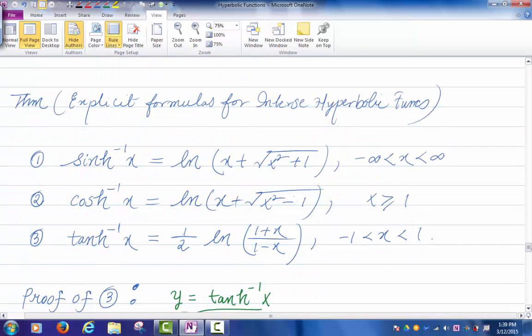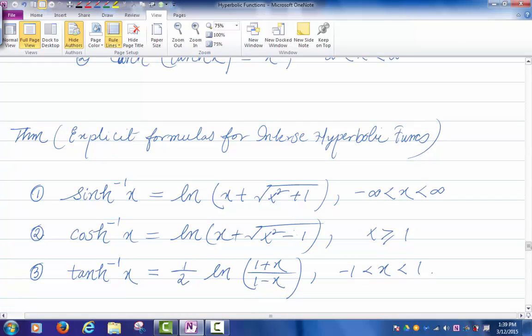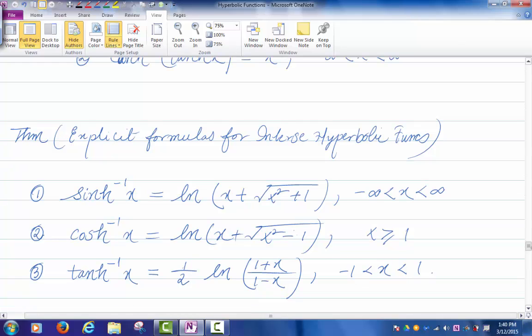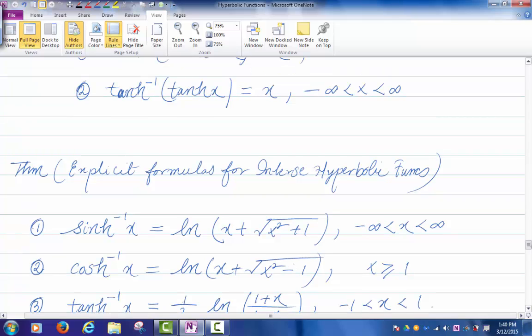So now the question is, how do you derive these three explicit formulas for the inverse hyperbolic functions? I am going to derive number 3. Why did I choose number 3? Just because I had to make a choice, but another reason is number 1 is derived in your text, and number 2 is very similar to number 1 in the derivation.